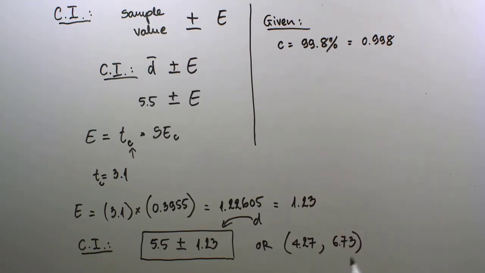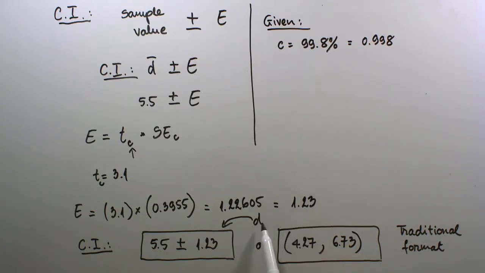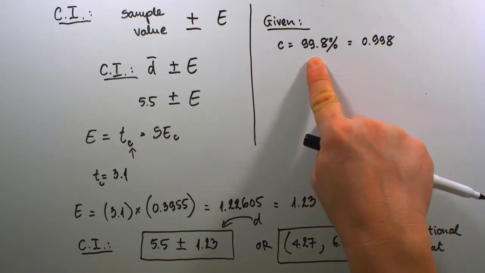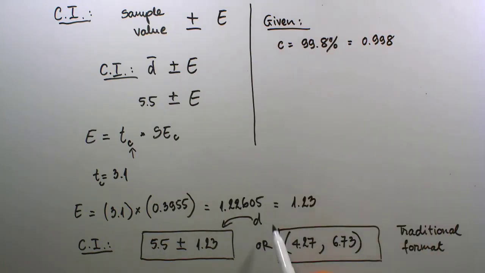And so again, this format of the interval is referred to as the traditional format of the interval, because it shows a low and high. Again, at confidence level 99.8, which guarantees success at a 99.8% chance, this difference between the two population means will be anywhere inside of this interval between the low and the high given here.